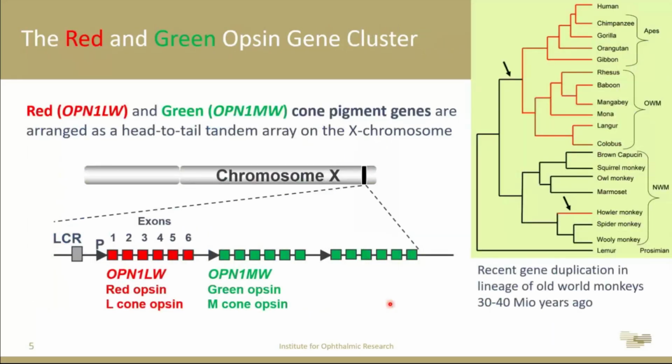These 2 genes, or it's more than 2 genes, are situated on the X chromosome as a so-called head-to-tail tandem array, and they have evolved in recent evolution by gene duplication in the lineage of old world monkeys about 30 to 40 million years ago.